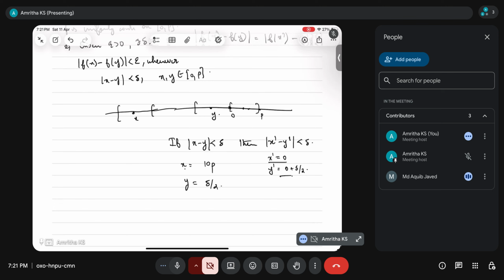Only problem is there. Suppose you take x from one interval, and y might come here, x might go here. Only this case should be taken care of.